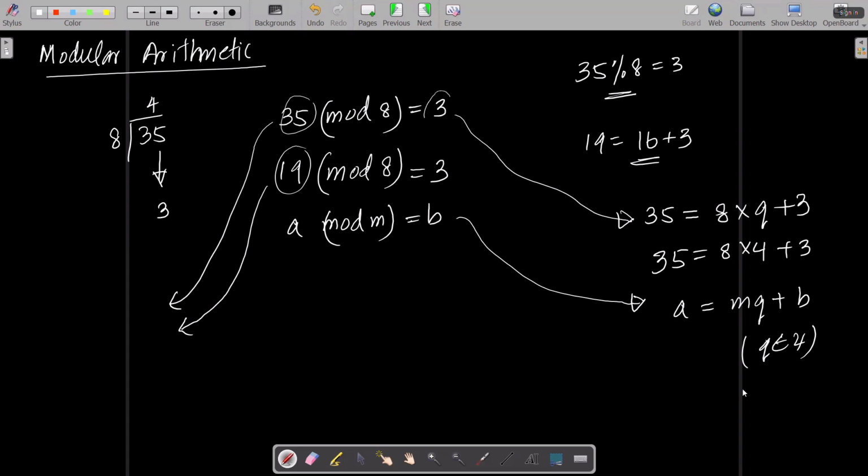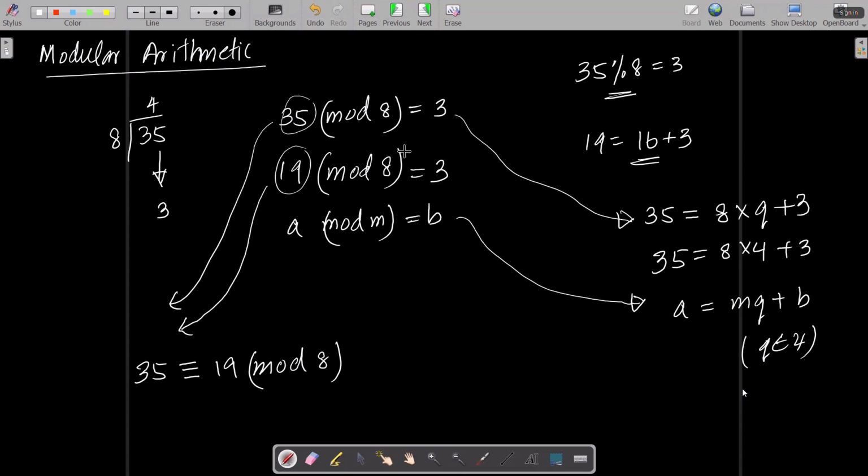Since we have the same remainder when 35 and 19 are both divided by 8, we say 35 and 19 are a congruent pair with respect to modulo 8. We denote it like this: 35 is congruent to 19, and we need to specify the modulus. So we read this as 35 is congruent to 19 mod 8. It means 35 and 19 have the same remainder when divided by 8. No big deal. Right? Understood?